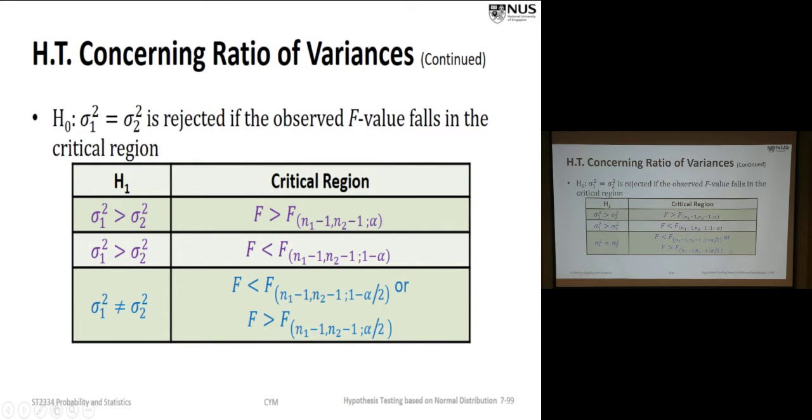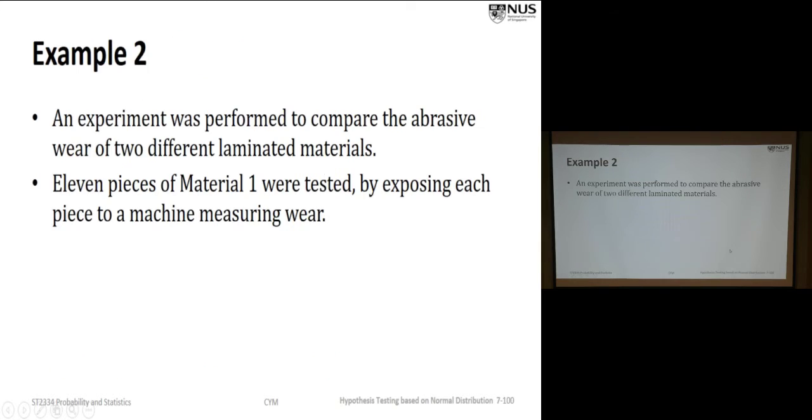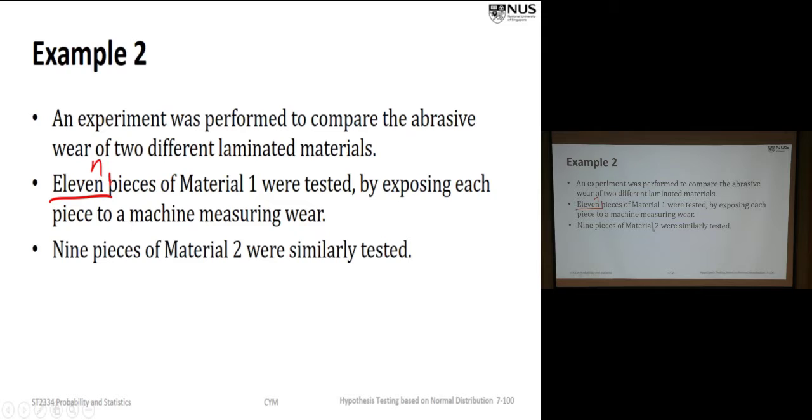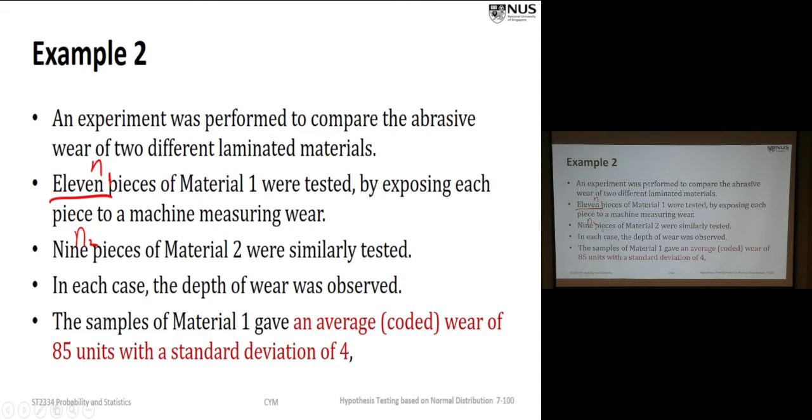All right, so here's an example. We have n1 equal to 11, and we measure the wear, and n2 equal to 9. The x1 bar is 85, and S1 is 4.